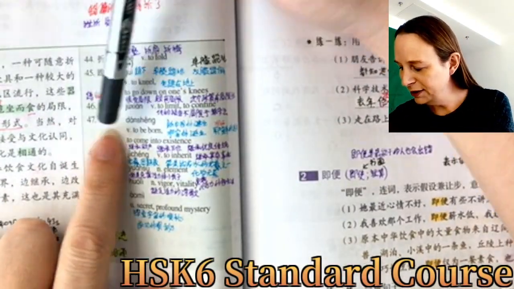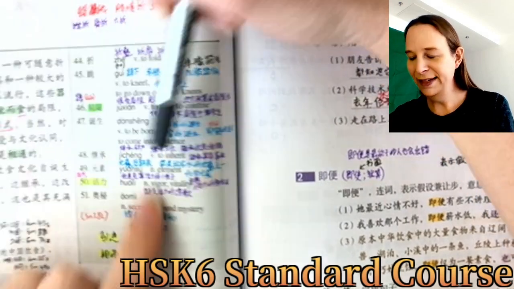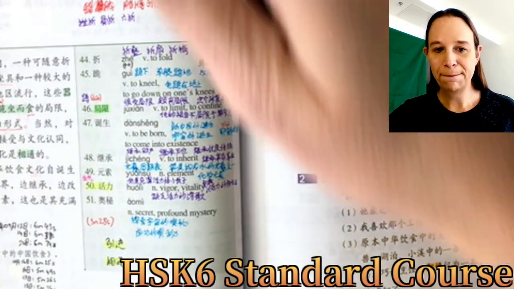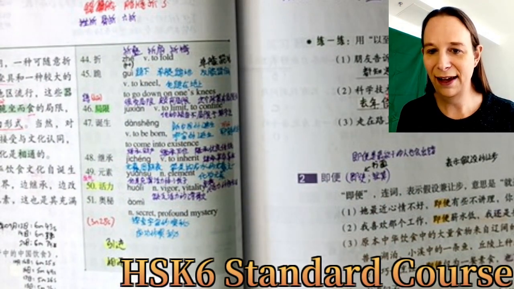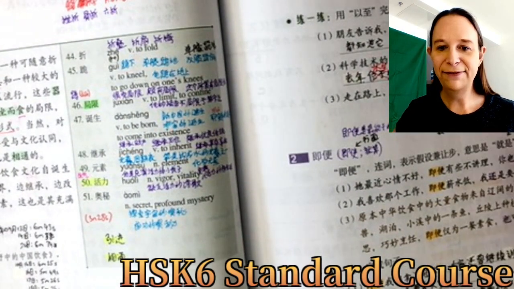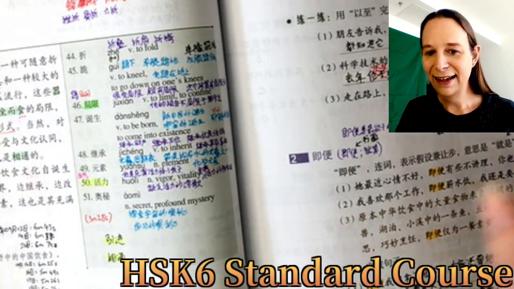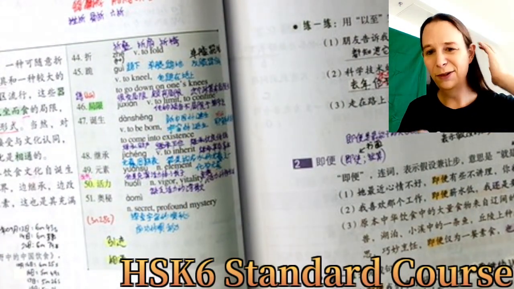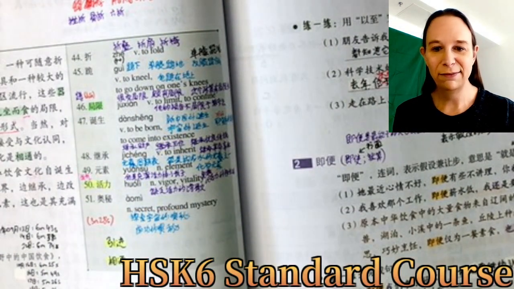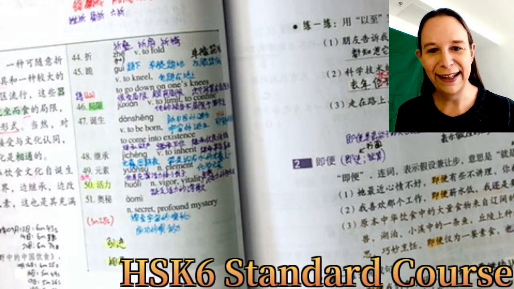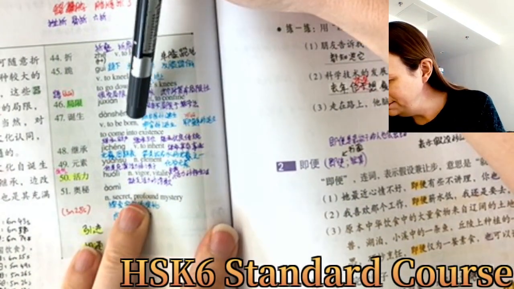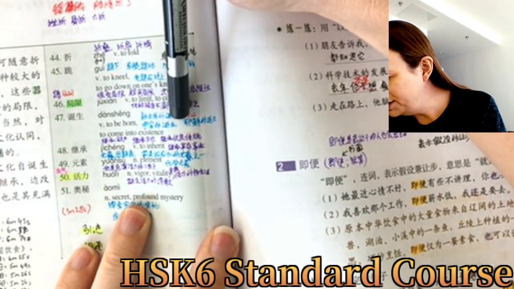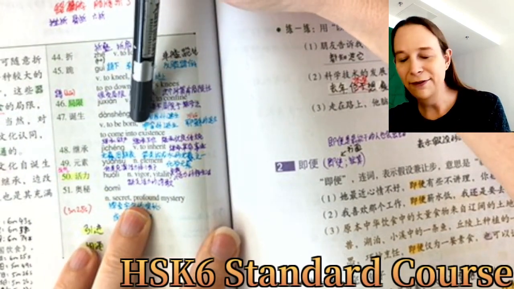Next, 诞生. 诞生, born, come into existence. However, usually it's used to describe the coming into existence of some kind of abstract concept or a country or something like that. 新中国的诞生. Yeah, okay, so the birth of New China.